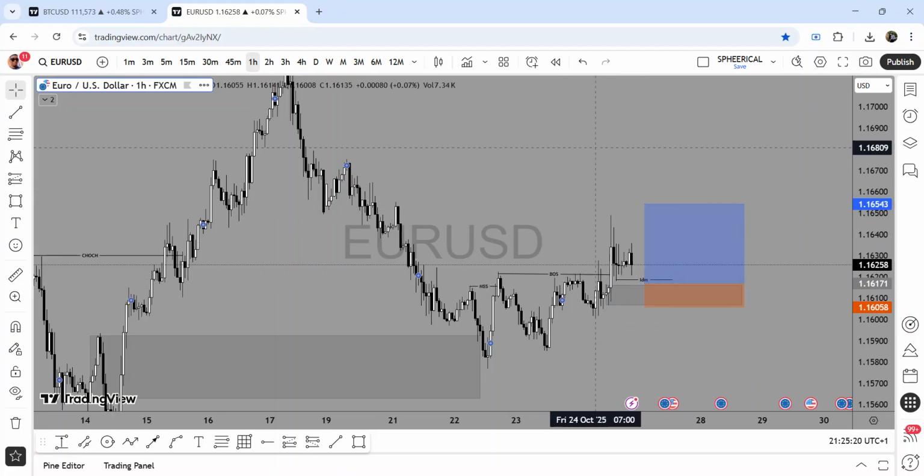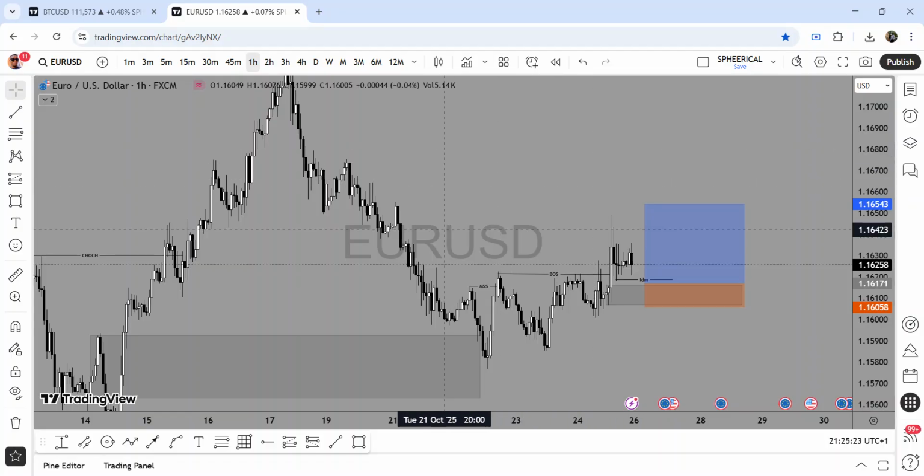So where are we going to target for our take profits? For intraday traders, this point of interest has been mitigated. You can see it. There's a liquidity point here, and there's another point of interest here.